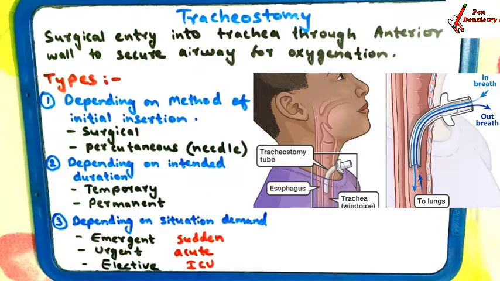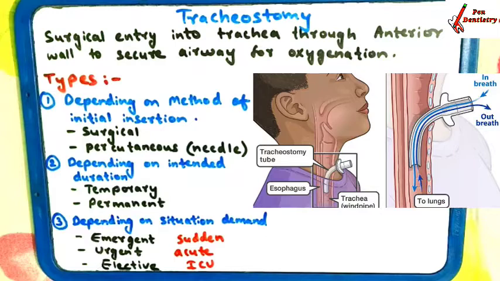Now in urgent, the patient is in an acute phase. He or she breathes but is not able to breathe properly, so tracheostomy is needed at that time. In elective, the patient is already in the ICU and there is a need of tracheostomy.